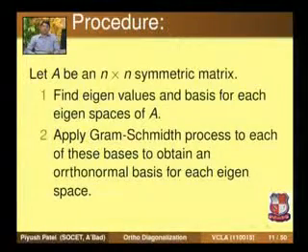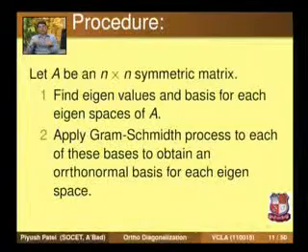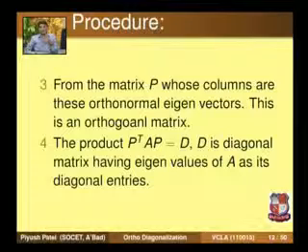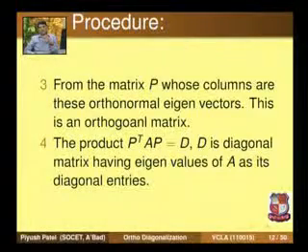As we know, the eigenvectors corresponding to distinct eigenvalues are orthogonal, but we apply the Gram-Schmidt process to each of these bases to obtain an orthonormal basis for each eigenspace. That is, after finding the eigenspaces, we orthonormalize them and find an orthonormal basis for Rn.